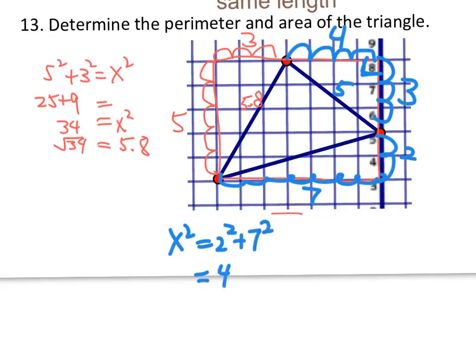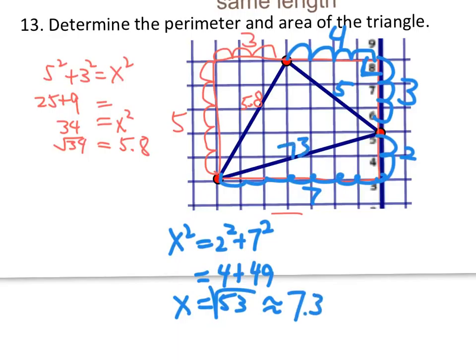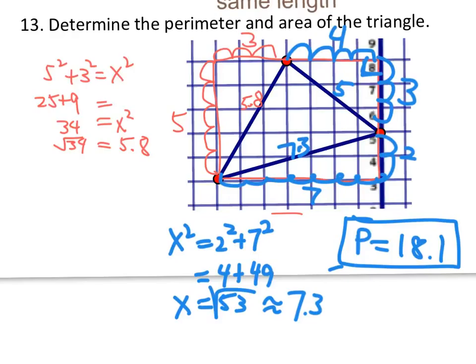So that'll be 4 plus 49, which is 53. So the square root of 53 is that distance, which is approximately 7.3. So it looks like that whole perimeter is going to be 5.8 plus 5 plus 7.3, so that equals approximately 18.1 units long.